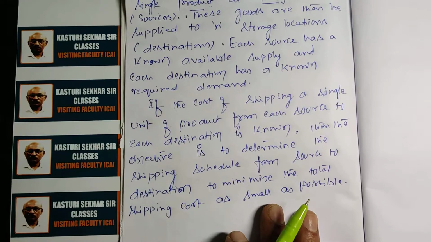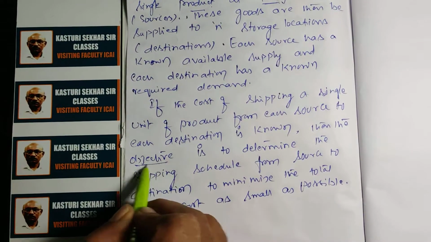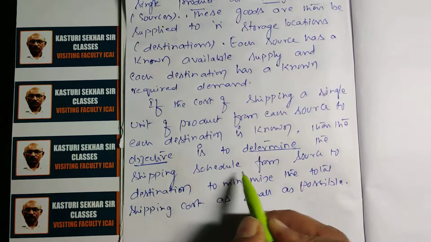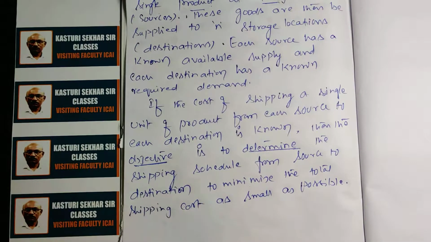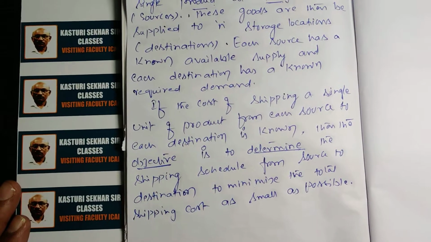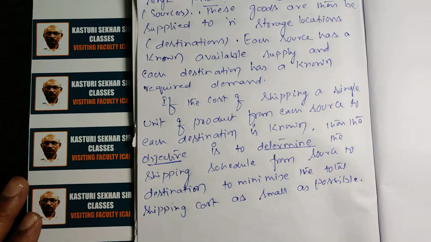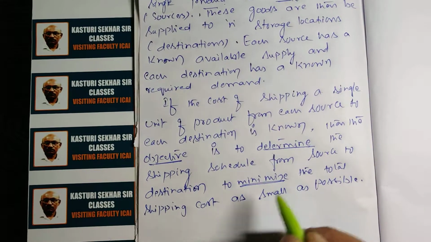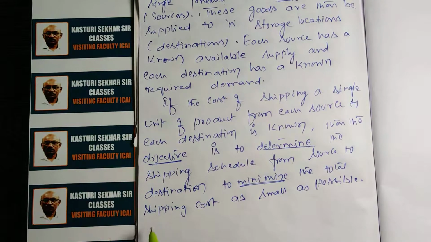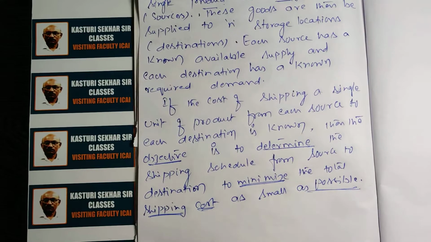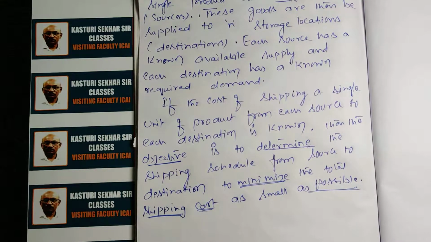Then the objective is to determine the shipping schedule from source to destination, to minimize the transportation cost, or you can say shipping cost as small as possible. Okay sir, this is the introduction of transportation.